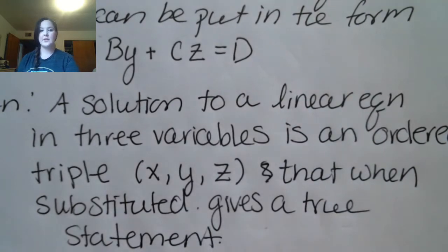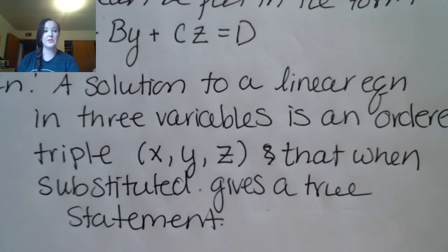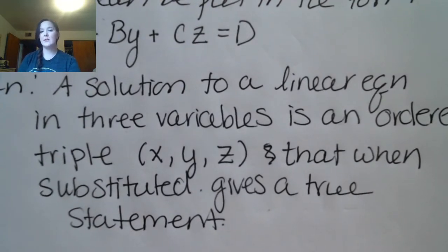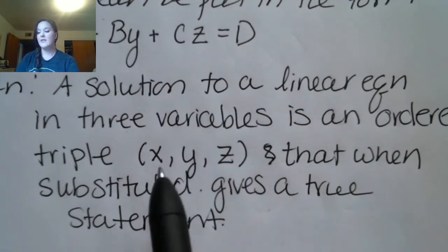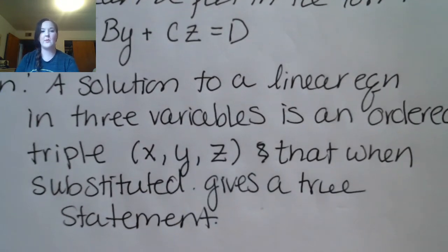Okay, so you'll notice that this is really similar to the definition for a solution to a linear equation with two variables. It is still something that when you substitute it gives a true statement. But instead of having an ordered pair xy, we have what's called an ordered triple xyz.